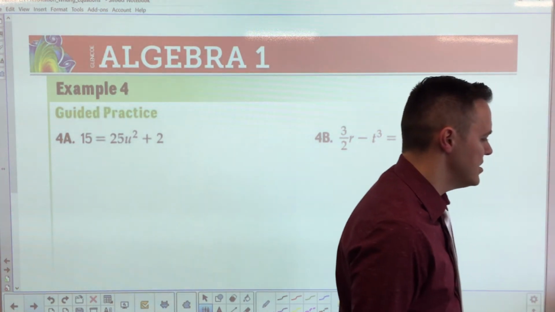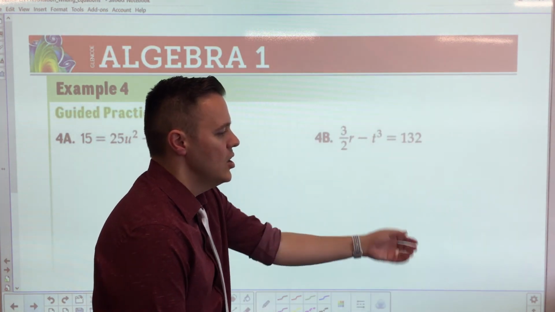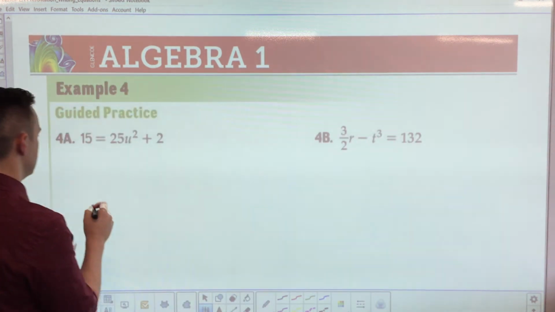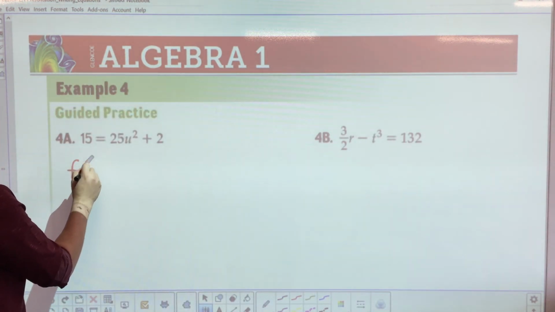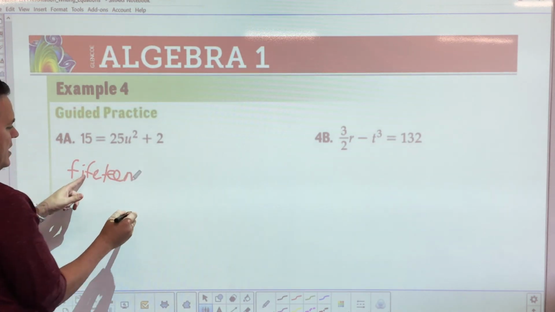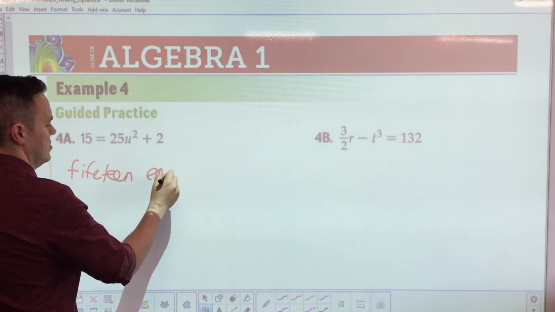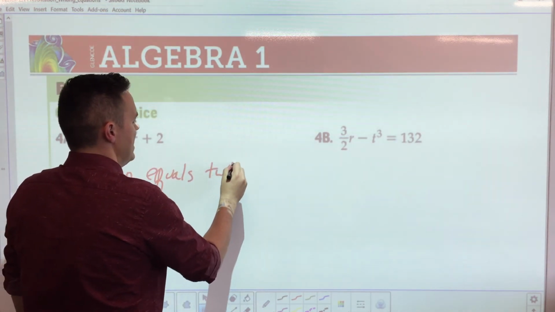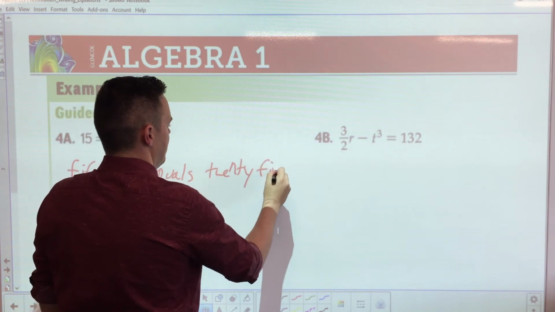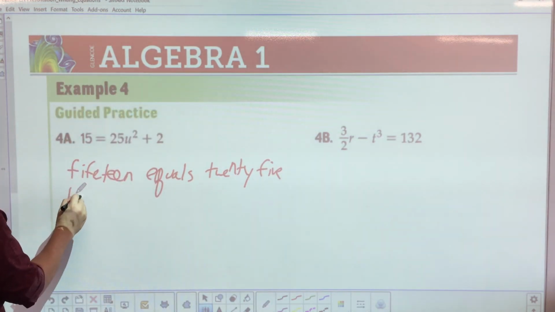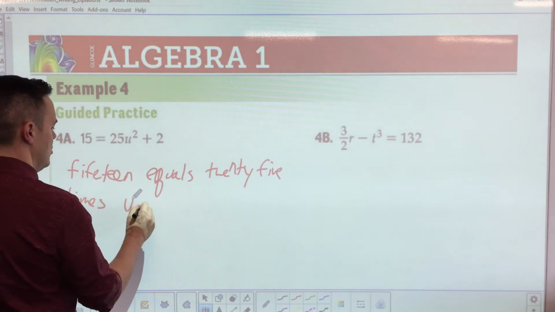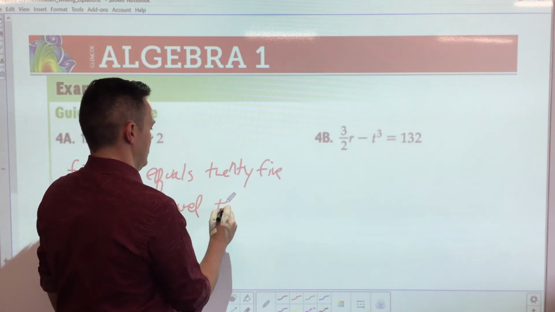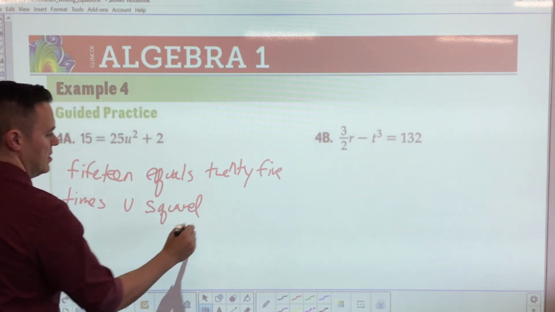All right, for everybody who's looking, this is on page 81. Okay? We're moving right along here, and on 81, we have, write it like it says, 15 equals 25 times u squared plus 2.